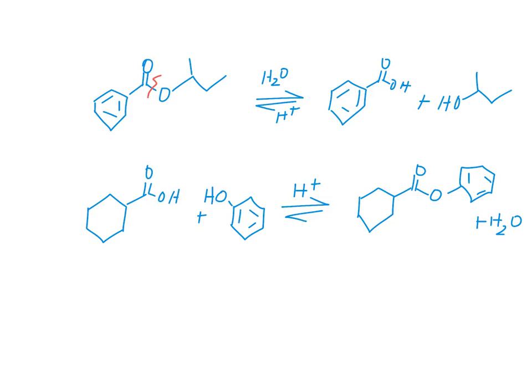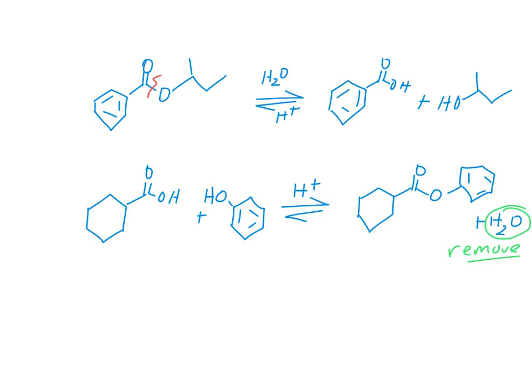Same mechanism. So in this case, we have two reactants with higher boiling points. So we can use another trick to drive this reaction towards products, and that involves removing the water.